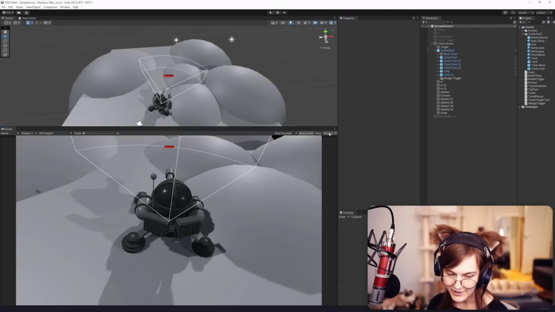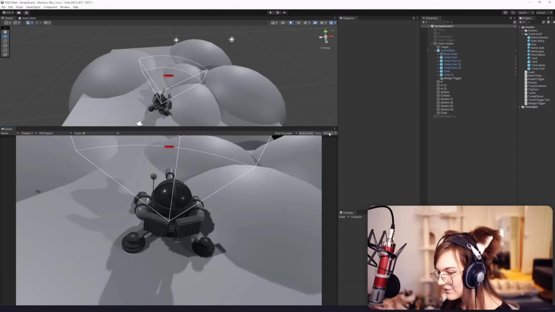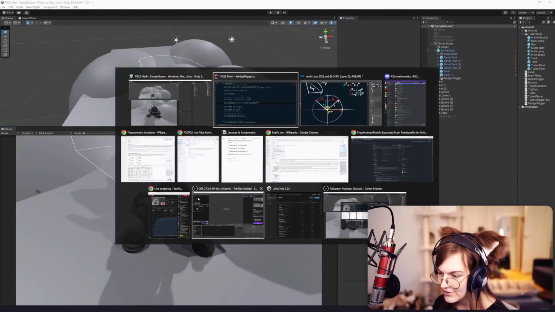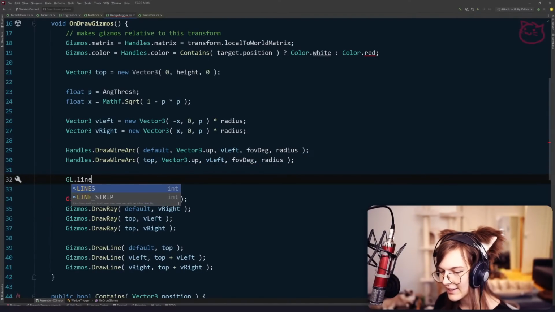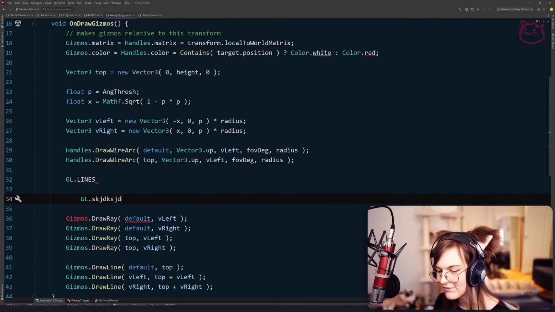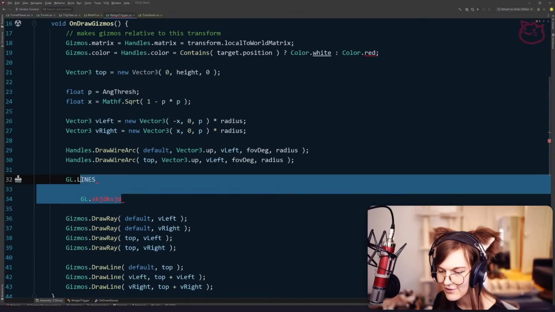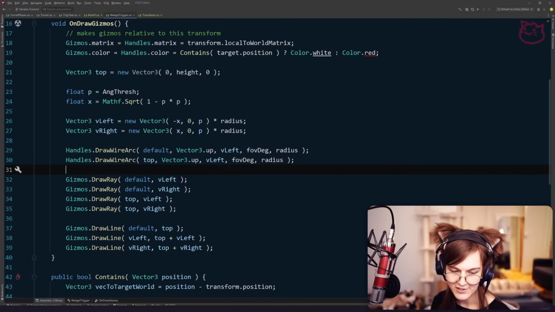So if you want to draw lines that show up in builds, then generally you would need either a third-party plugin for that, or you can draw shitty lines using GL.lines, and then you can push vertices to that, and very manually draw lines using those. But they are always 1 pixel thick, and they look kind of garbage.